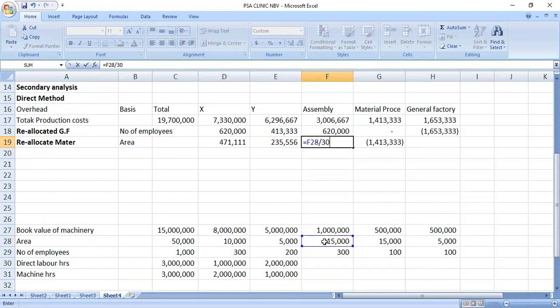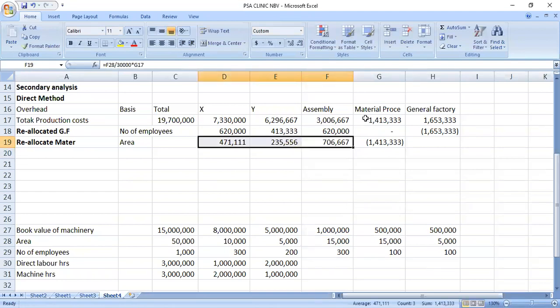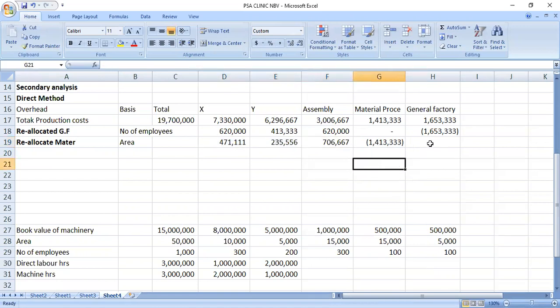The sharing 15,000. So how you know you're right is when you add this, it should give you what you're giving out, which is 1.4. This guy doesn't get anything because it's a service center. That's the direct method. When I added these ones, the answer is 0 here.